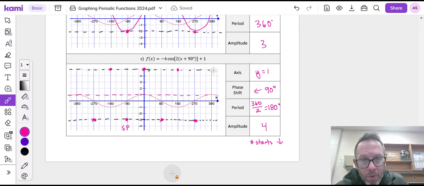And I even might go 3 over, a maximum here and a maximum here. Even if you just drew a curved line through those max and mins, that would be a great sketch of this periodic function. But we can add a little bit more detail. We know that halfway between a max and a min, so halfway between 3 squares is like 1.5 squares there, we're going to come back and touch the axis.